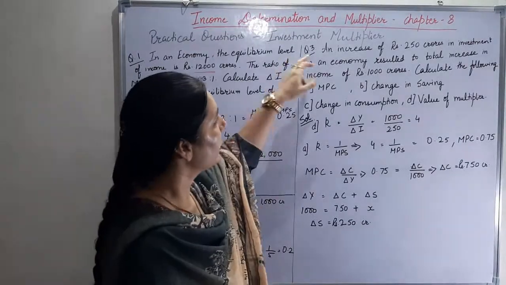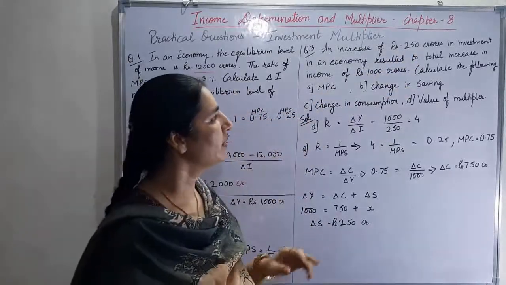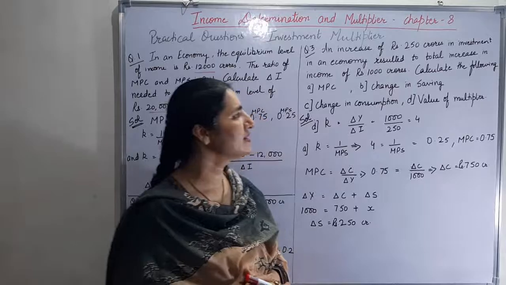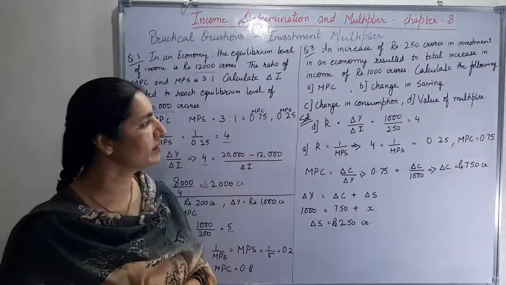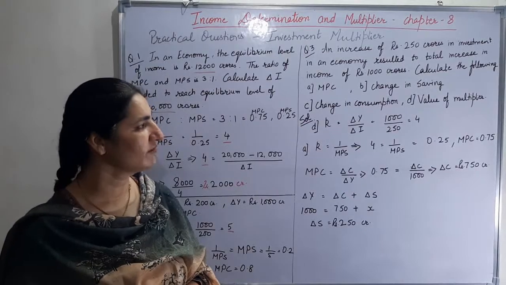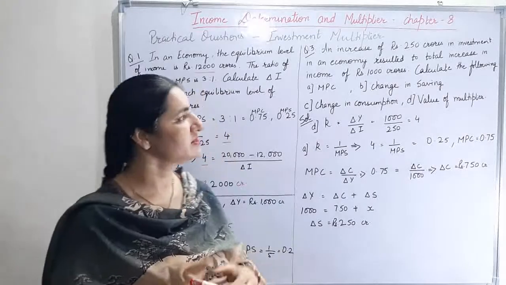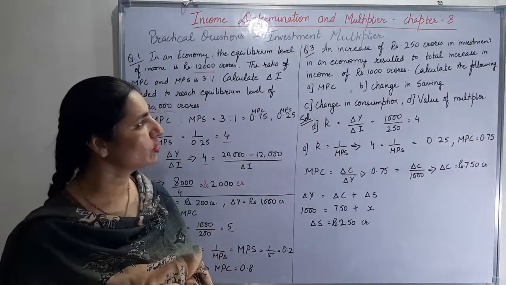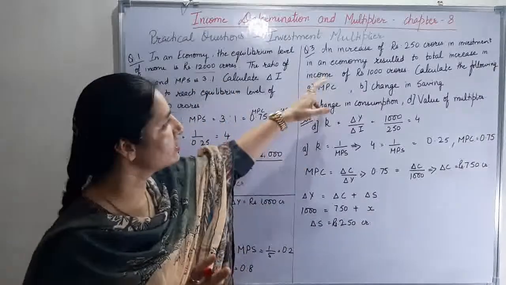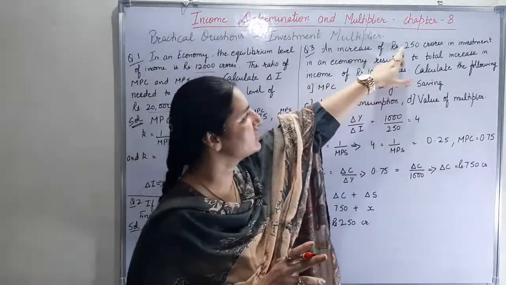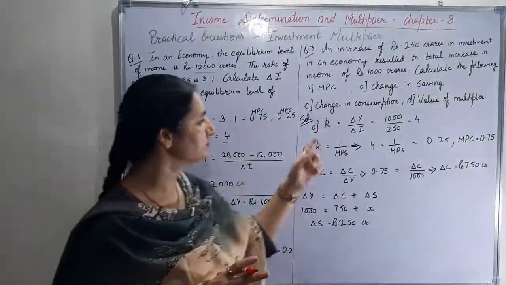The next question: an increase of rupees 250 crores in investment in the economy resulted in a total increase in income of 1000 crores. Here we are required to calculate MPC, change in saving, change in consumption, and the value of the multiplier. It looks complicated, but it is not at all. Let us see which formula will fit. We have change in income as well as change in investment. So let us find the value of the investment multiplier first.